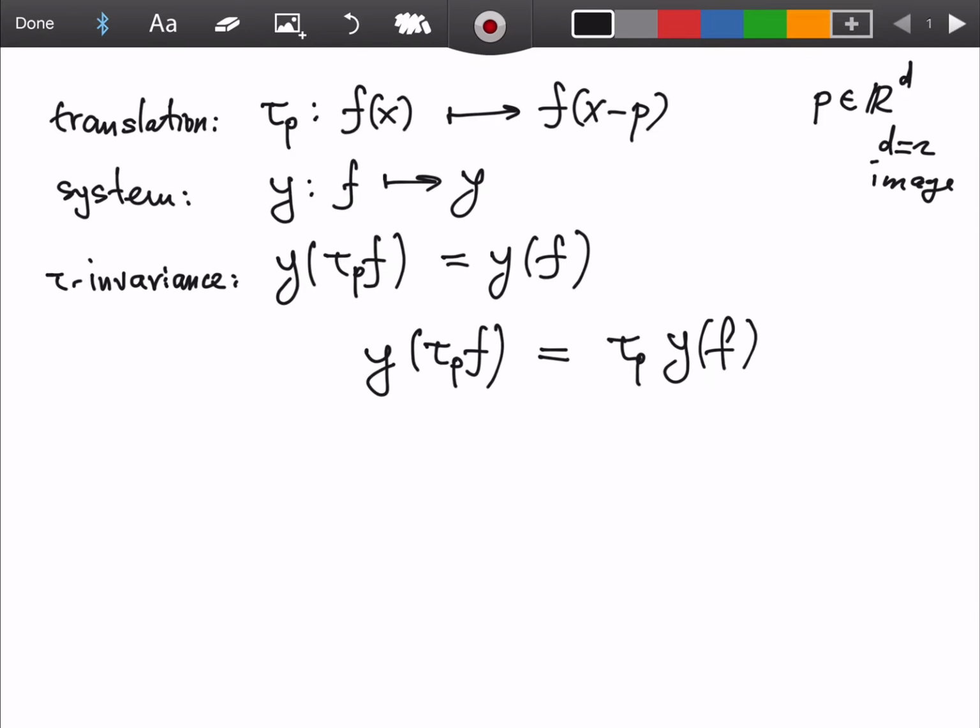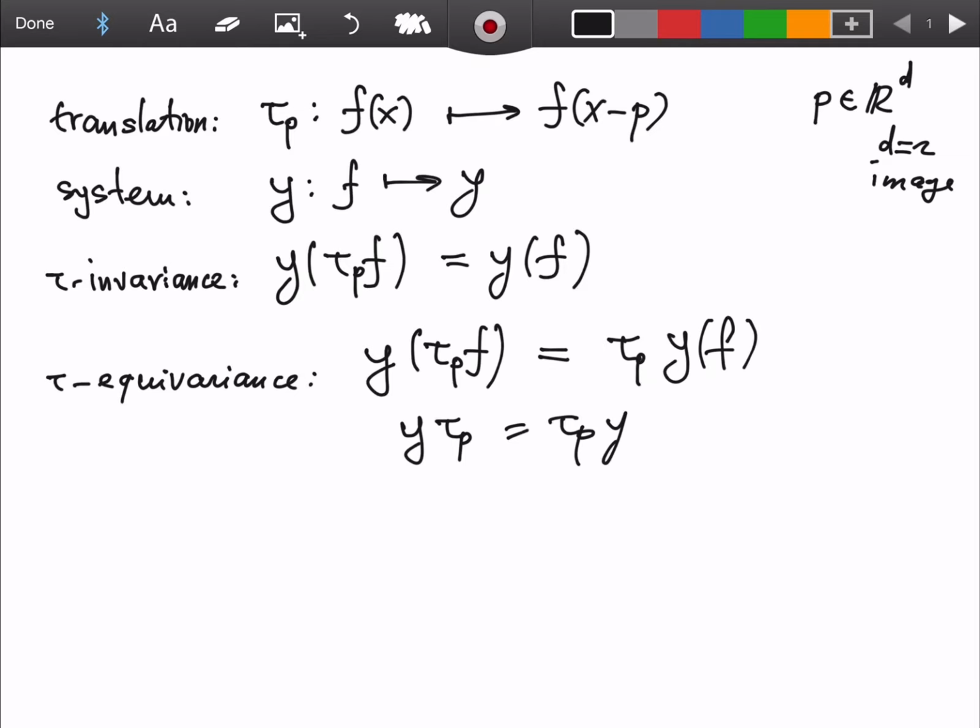So it means that y commutes with translation, right? This is true for every f. So y commutes with the translation operator, and this property is called translation equivariance. In the signal processing literature, these systems are called translation or shift invariant systems, which mathematically doesn't make sense, of course. It's a different property.